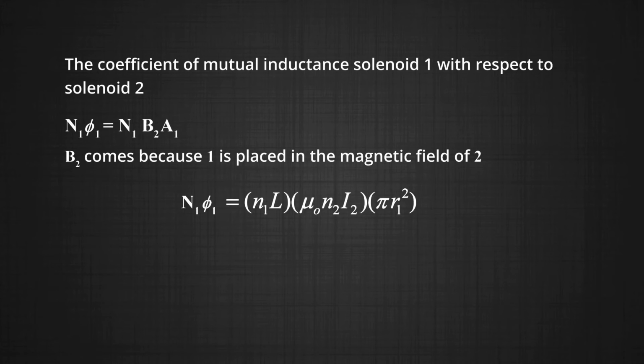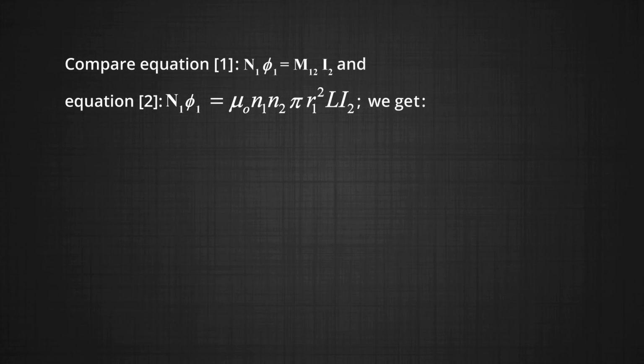So, we have N1 phi1 equal to N1 L, here small n1 is the number of turns per unit length, times mu naught n2 I2, that is B2, and pi R1 square, that is the area of cross section A1, which will be equal to mu naught n1 n2 pi R1 square L I2. Comparing equation 1 and 2, we get M12 is equal to mu naught n1 n2 pi R1 square L.